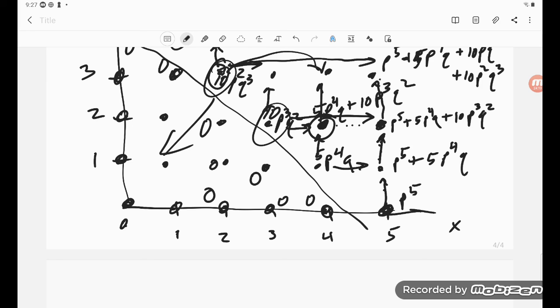Okay, and so I believe that is example 5.